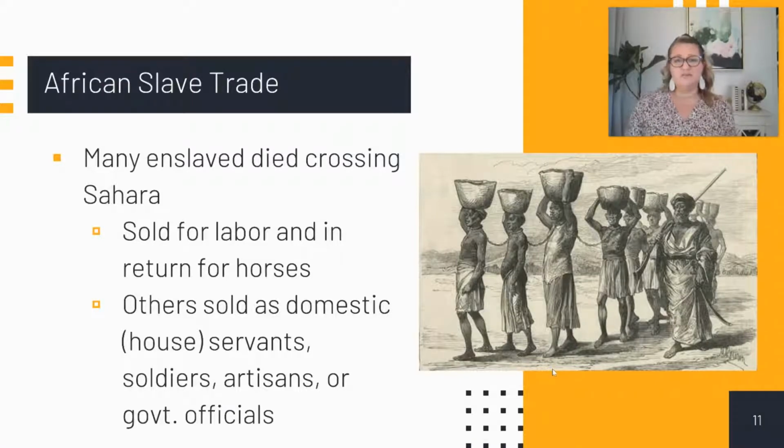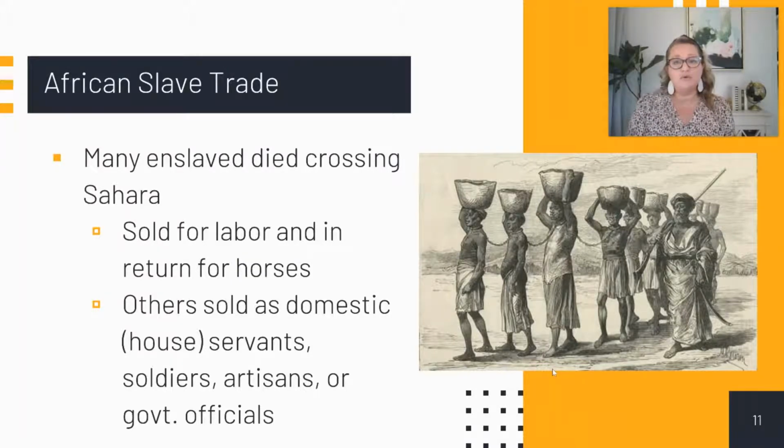Now, because of these grueling conditions where people were treated as non-human, many died while crossing the Sahara. They were often chained by their necks and lived in really horrible conditions.